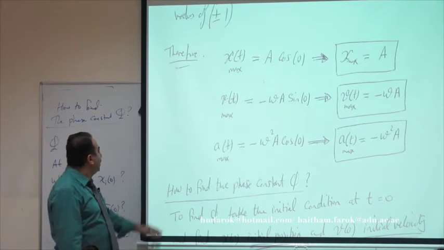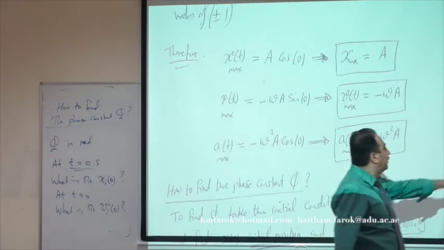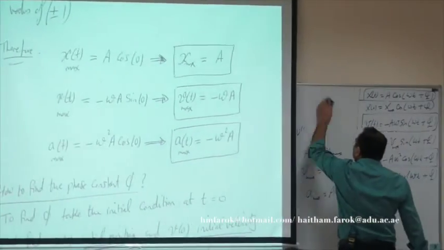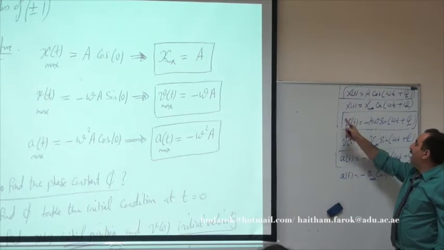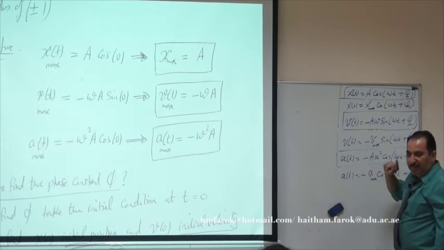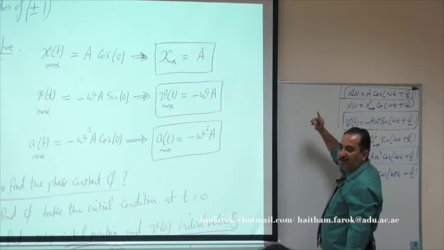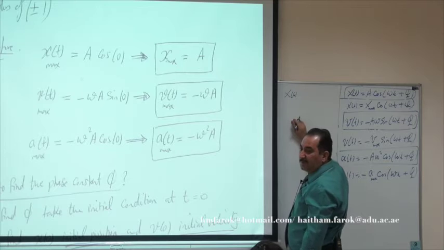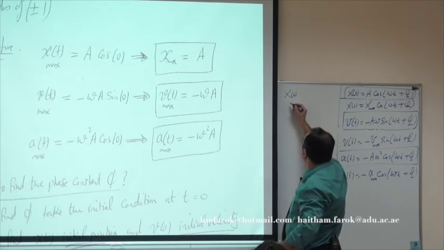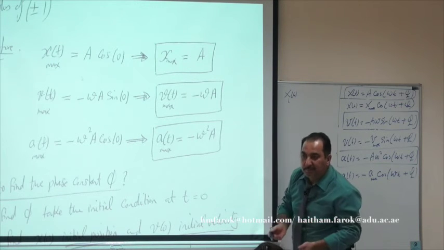How? You go back to the equations of motion, which you have. You have the x(t) function and the v(t) function. So you take the x(t) function. You say x at 0. What is x at 0? xi, what is mentioned in the question.